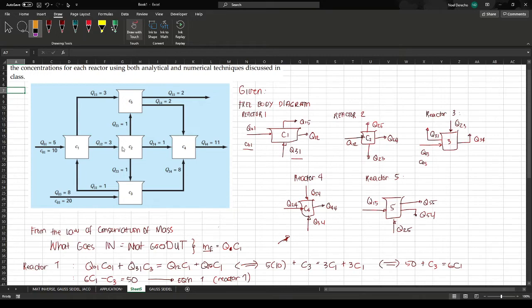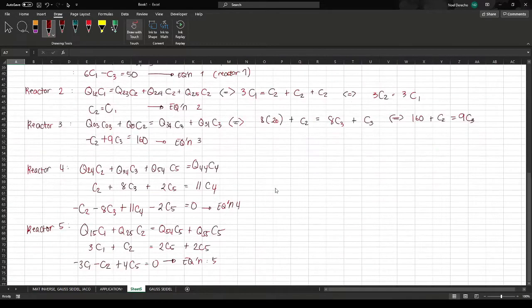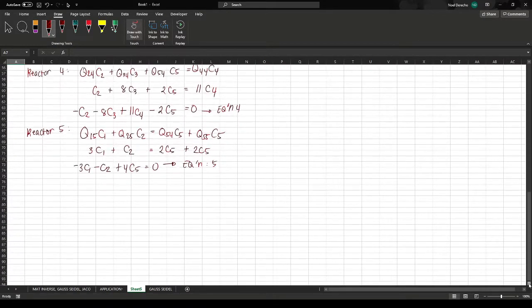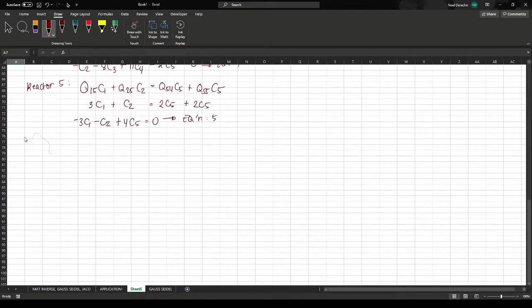Now since we have the equations, let's use first the matrix inverse.